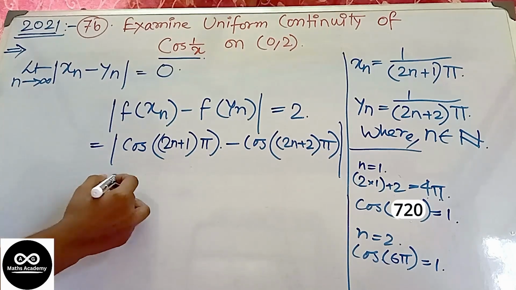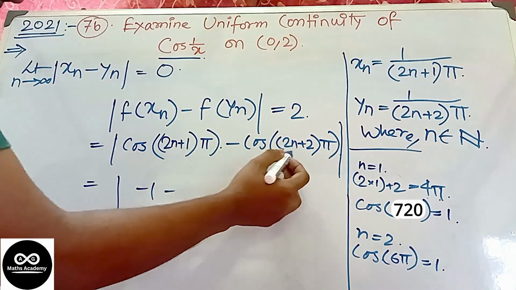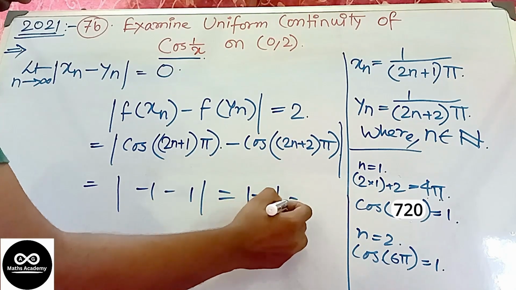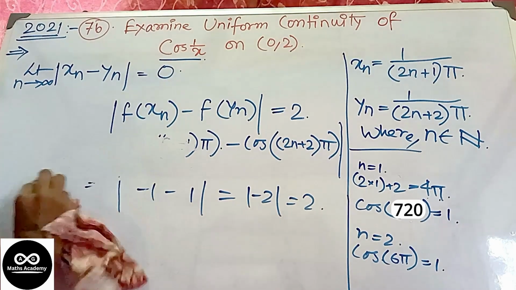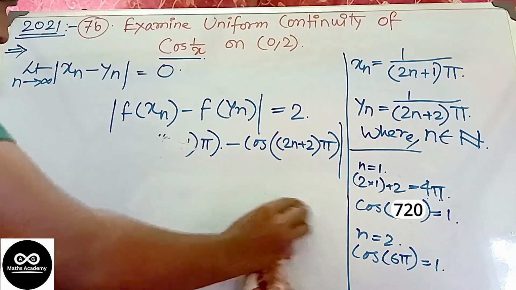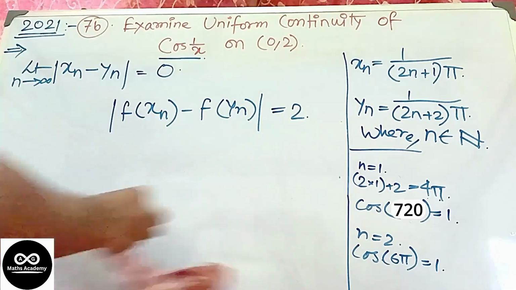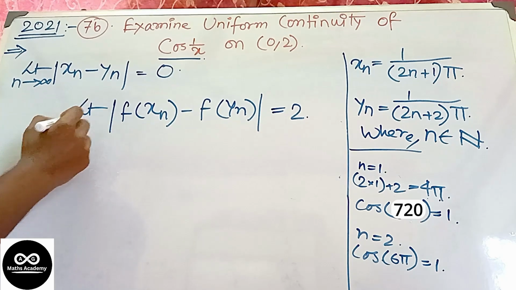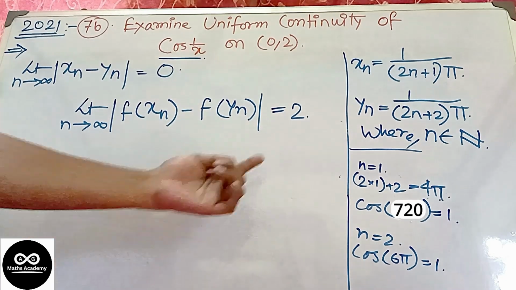So that's why it's minus 1, and it's minus, and this 1. So just like mod of minus 2, it is 2. Okay. So now we get this equals 2. So limit n tends to infinity will also be 2.